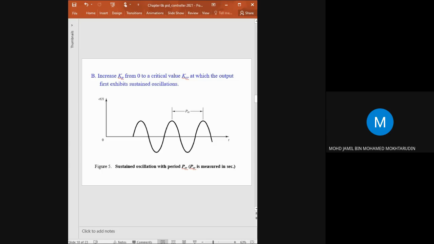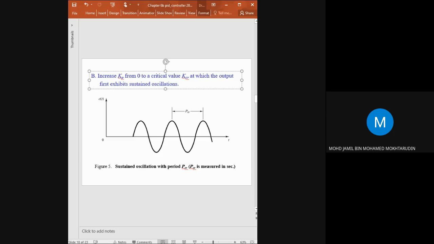So we increase Kp from 0 to a certain value. We call it the critical value, KCR. So this value of KCR will cause the CT, the time response, to exhibit sustained oscillation. Or what we have learned so far, sustained oscillation for a system is when the system is marginally stable.